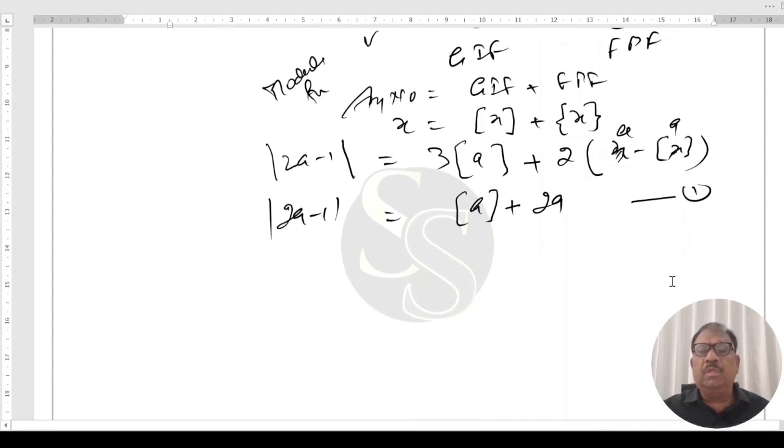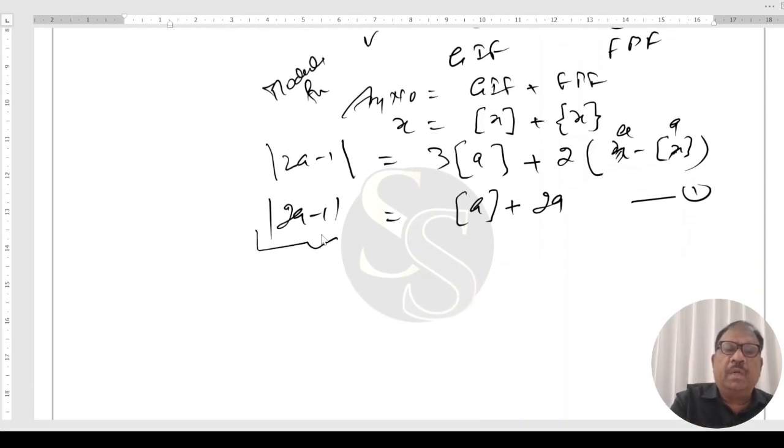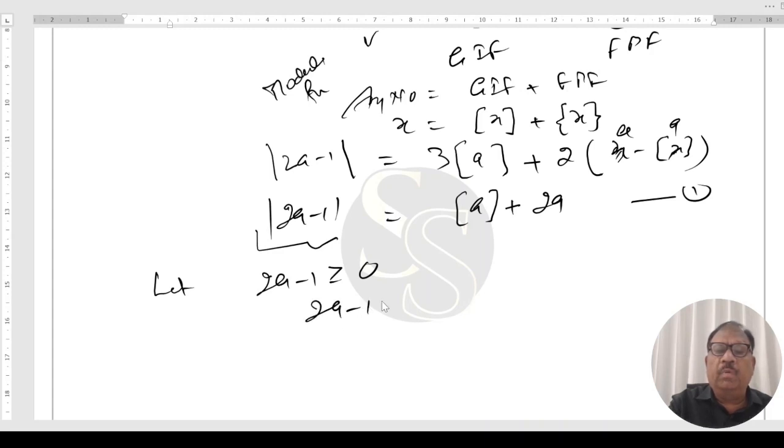Now, this is the modulus sign. Before solving, we have to consider 2 cases. Let 2A minus 1 be greater than or equal to 0. So this will be positive. 2A minus 1 will be equal to the greatest integer function of A plus 2A. This will come out to be 0. The greatest integer function of A comes out to 1.